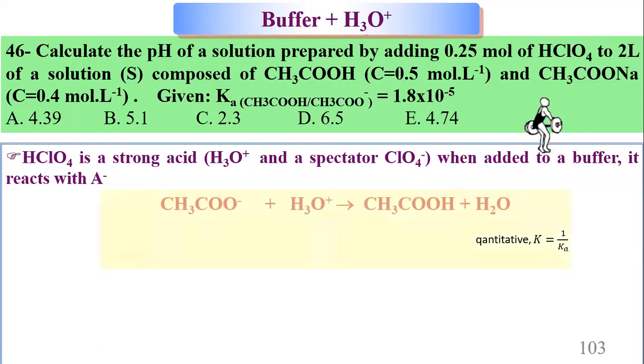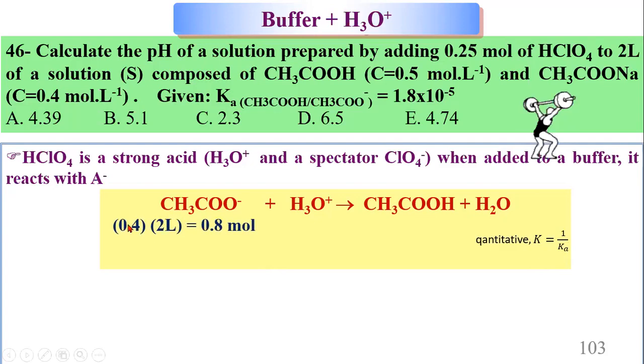Yes, that H3O+ will react with the A- of my buffer, and it will react in a one-way reaction, irrespective of the K. Again, here I'm just going to put concentration times volume, a mole chart, because we're going to do the stoichiometric neutralization reaction between the anion and the acid. So this is 0.8 mole.